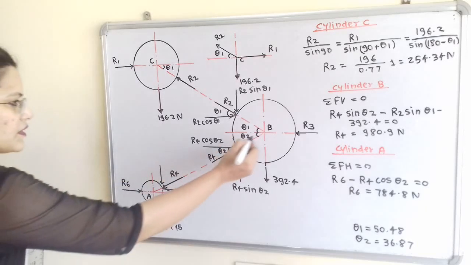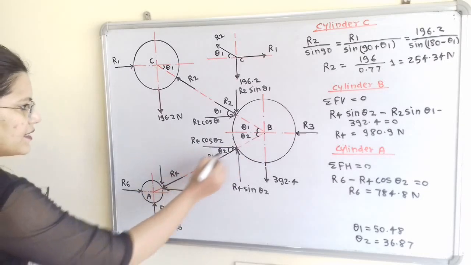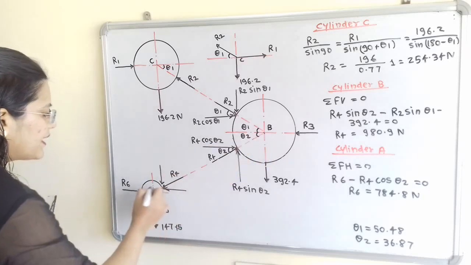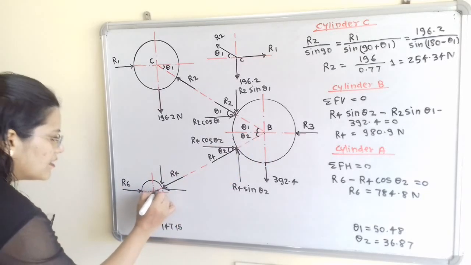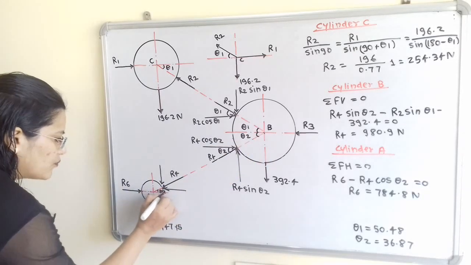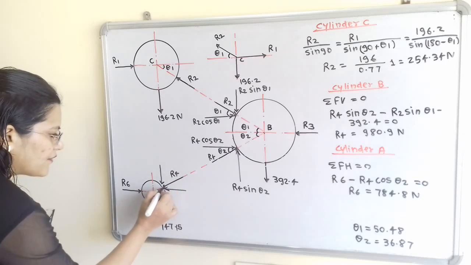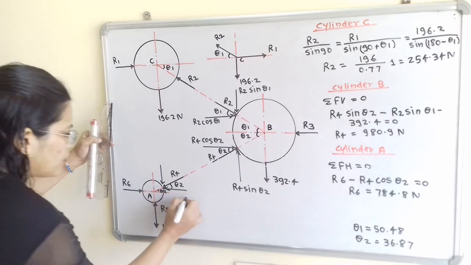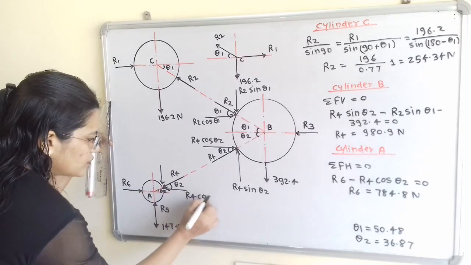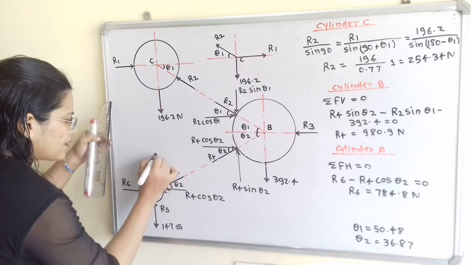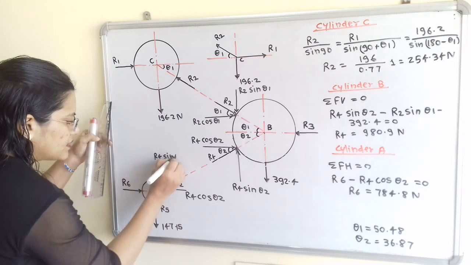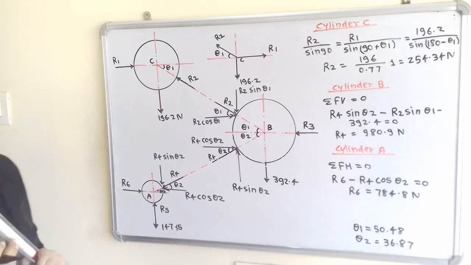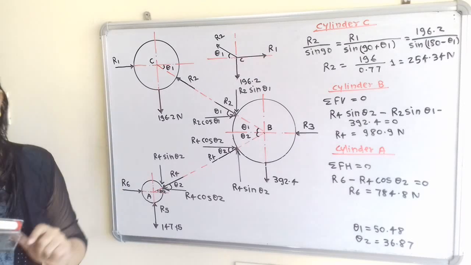So if we observe, in between B and A, these two are horizontal line and this BA is the common line. So this angle is also equal to theta 2. And this angle in between R4 and horizontal component is also equal to theta 2. So its value is R4 cos of theta 2, R4 sin of theta 2.